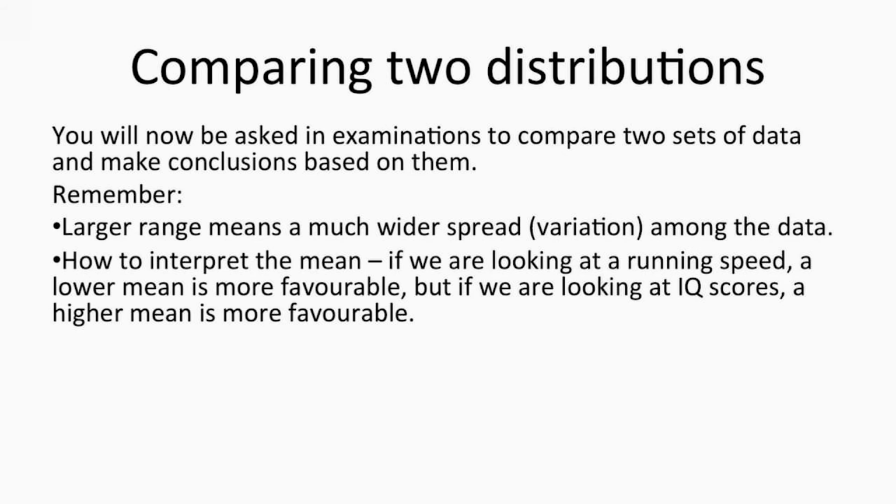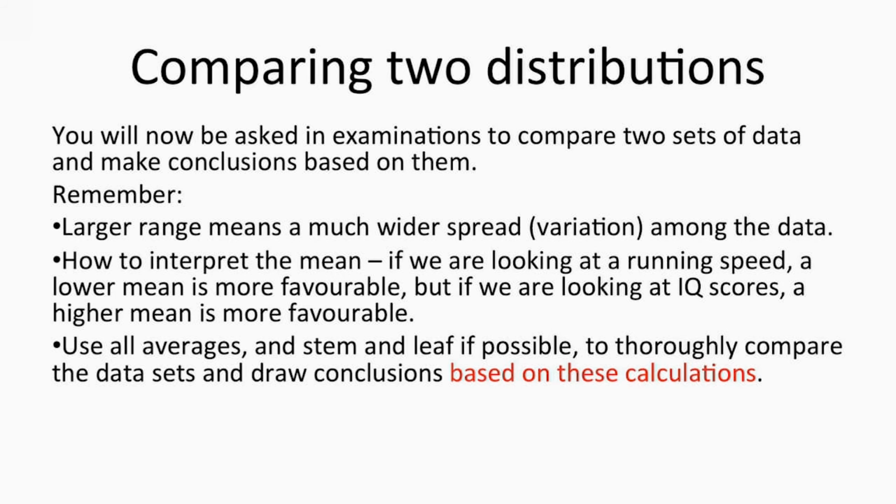When you interpret the mean, if we're looking at a running speed, then a lower mean would be favourable. But if we're looking at IQ scores, then a higher mean is the favourable one and should be noted as such. Next, use all averages and stem and leaf if possible to thoroughly compare the data sets and draw conclusions based on these calculations.